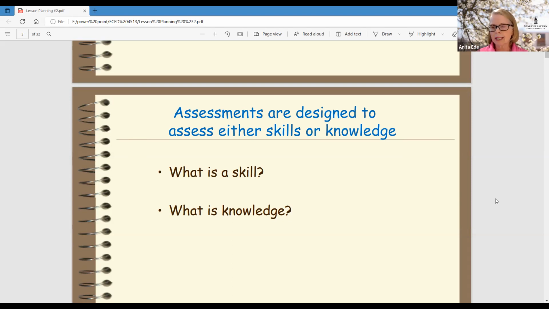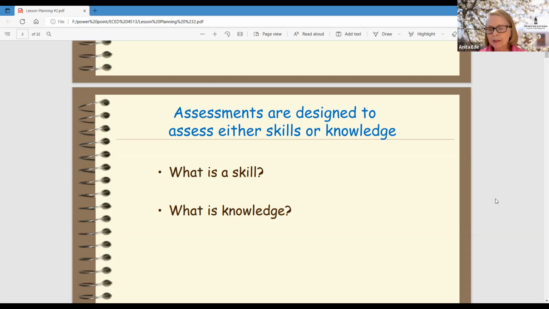So when you're assessing things, most of the time your math and language arts is going to be skill-based, and science and social studies are going to be knowledge-based. That's just kind of a general rule, it's not 100%, no, but it's very often. How's that?